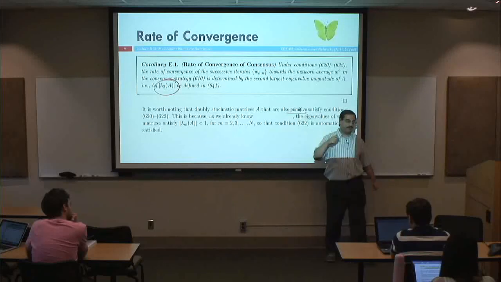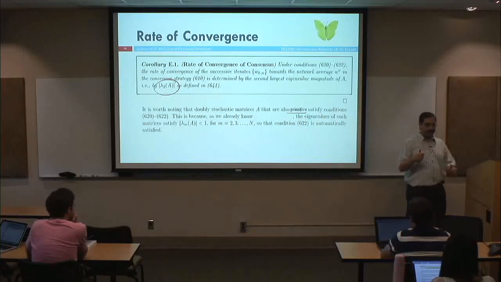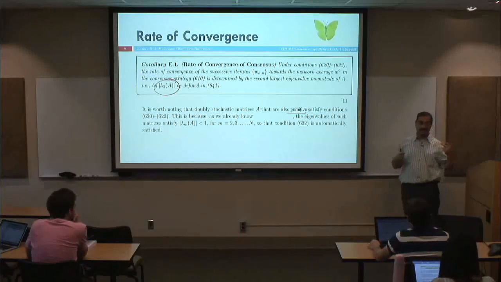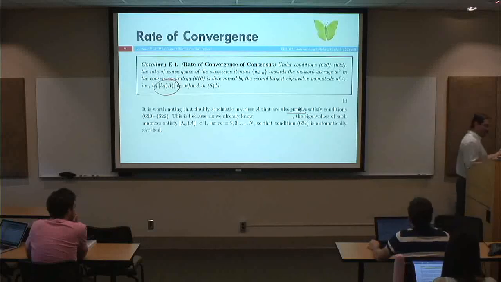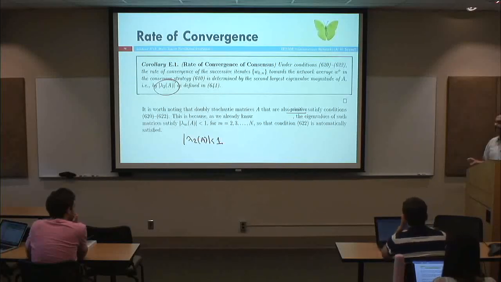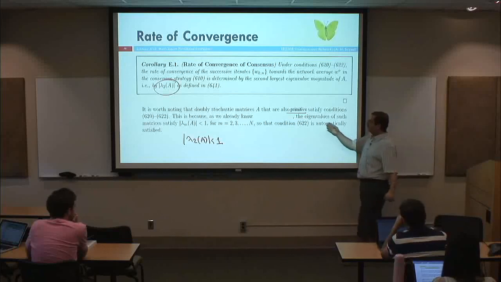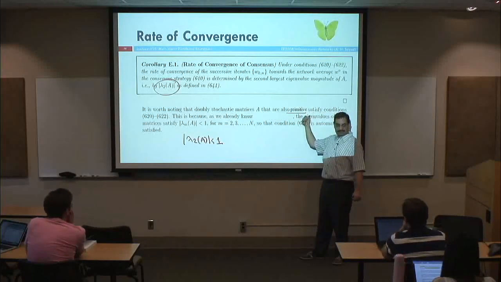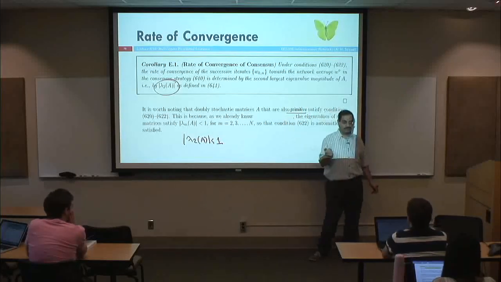Then we know from the Perron-Frobenius theorem that this A has a single eigenvalue at 1 and all other eigenvalues will be strictly less than 1. And therefore, in particular, this will hold, okay? So therefore, a doubly stochastic combination matrix over a strongly connected network will make consensus converge, right?